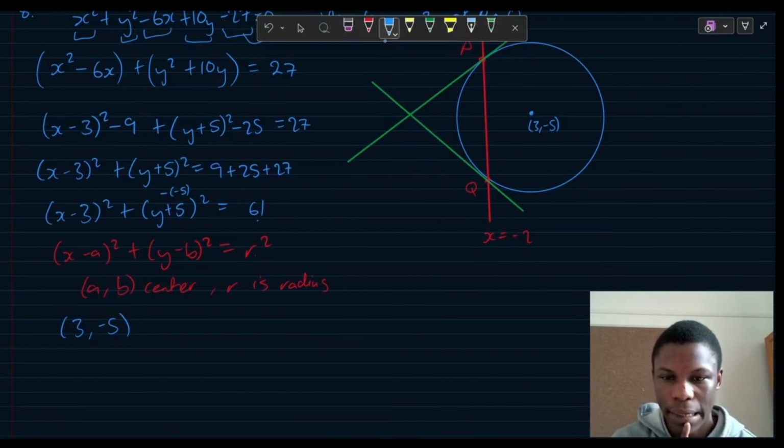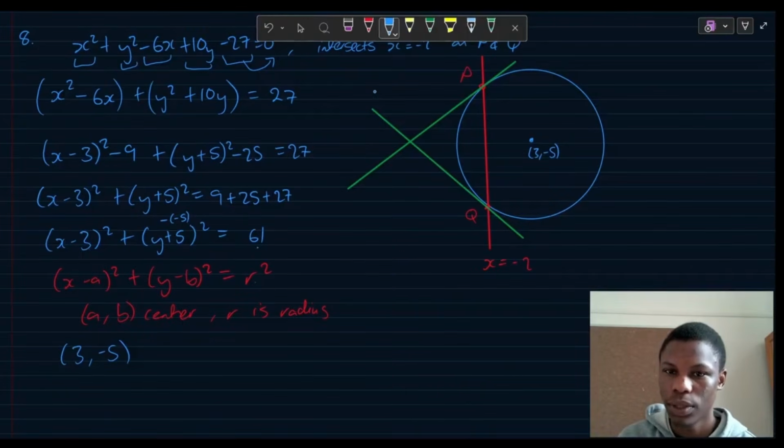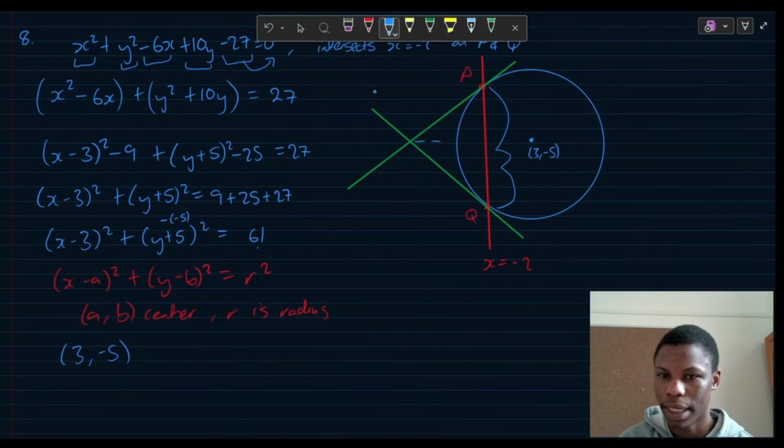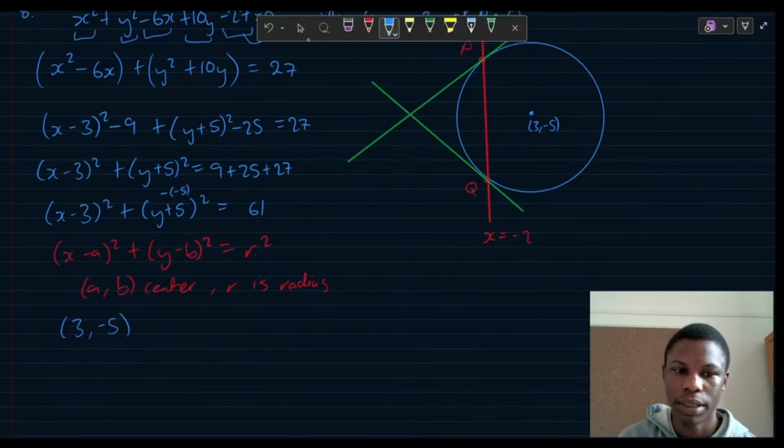The next thing, okay, so the big picture here is obviously we want the area of the triangle, and the way we can do that is to find the length of our base here, and then find the height of our triangle, and then just use half base times height. So that's the big picture of how we want to approach this question.